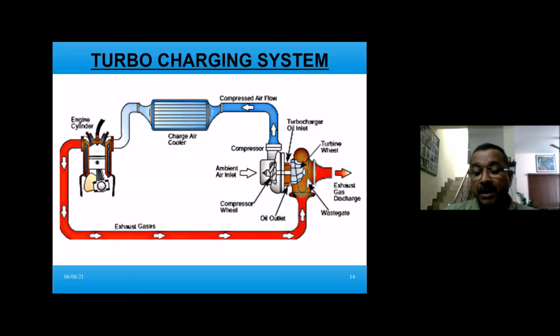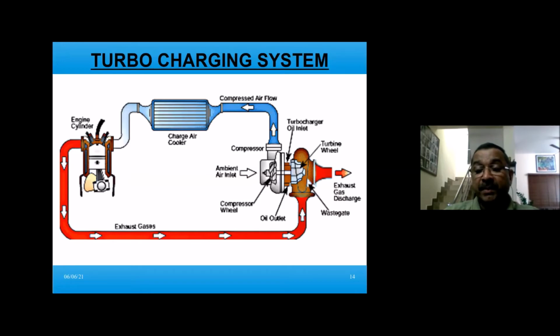Uncle earlier told that in a heat engine, nearly 60% of the heat is given out in the exhaust gas, through the engine. So this exhaust gas can be used to do work, or used to run a turbine here.